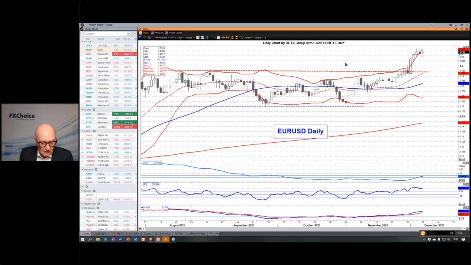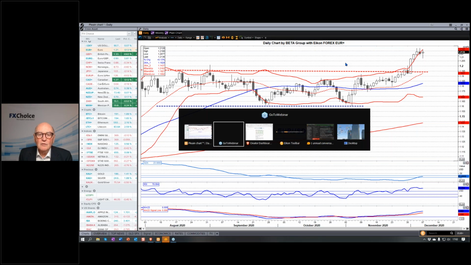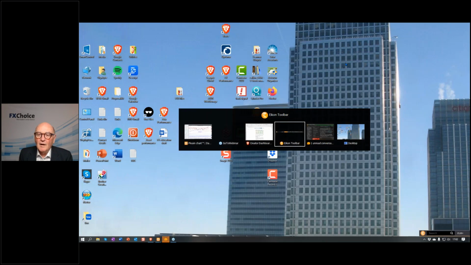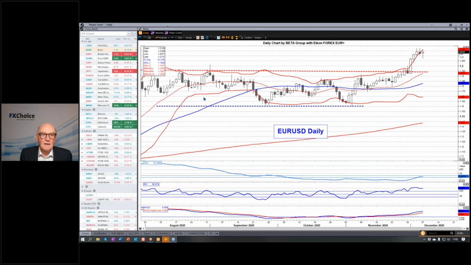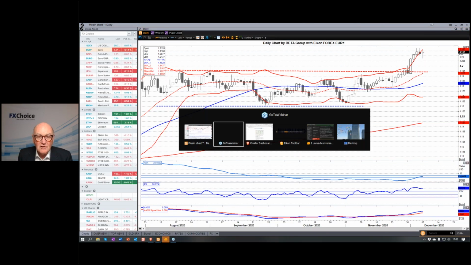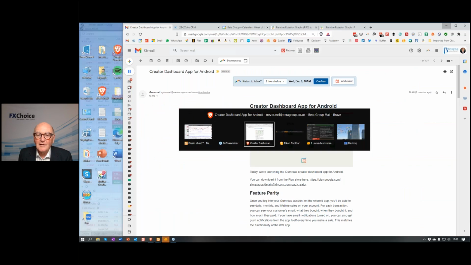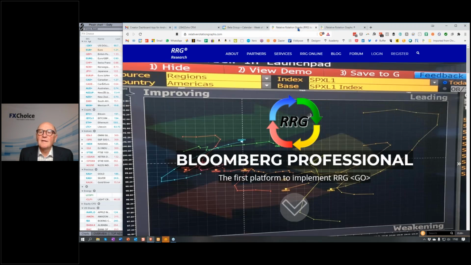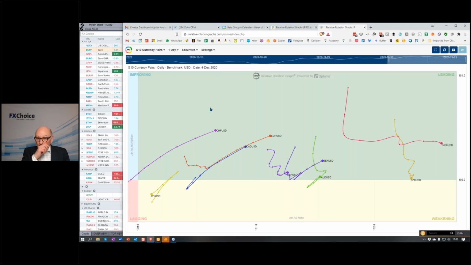I'd like to just show you this chart that we used last time, the RRG chart, if I can get it on here again. Sorry about that. There it is there. So this is the relative rotation graphs of currency pairs, the G10 currency pairs versus the dollar.